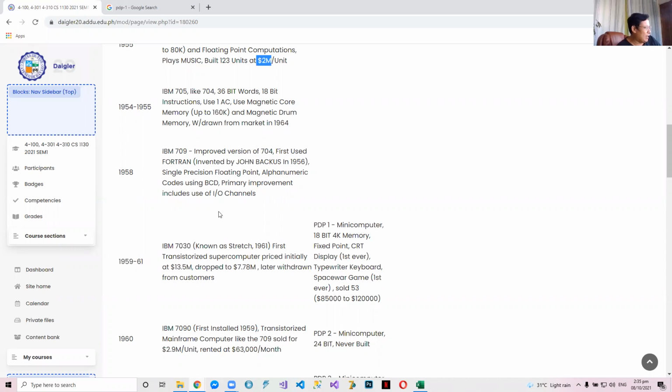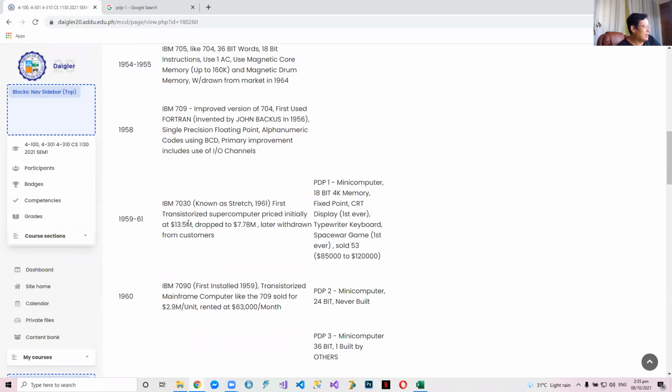Now by 1959, transistors became popular. IBM released the 7030, which is the transistorized version, priced initially at $13.5 million. No? Later reduced to 7.78. By then, they had a competitor because of the transistors. No?